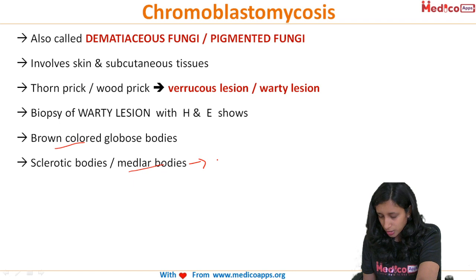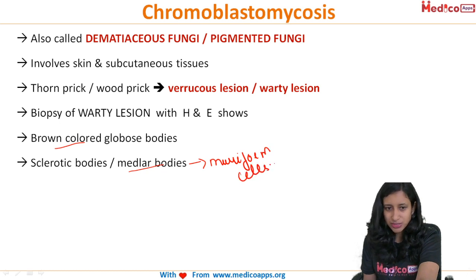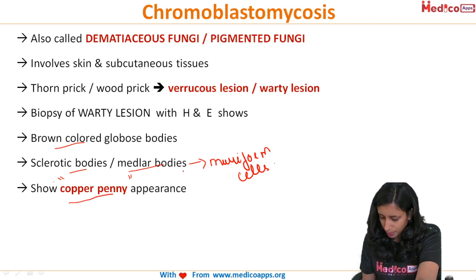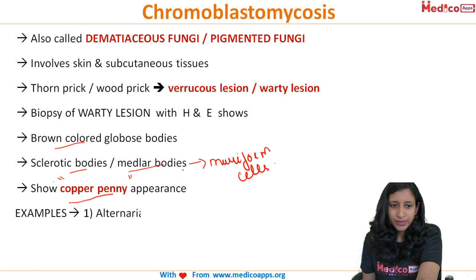Now these are also known as your muriform cells. So these are the various names that you have. It's called sclerotic bodies or medlar bodies or muriform cells. Now what is the appearance that you see? It is what is known as your copper penny appearance. This is what you have to remember. So copper penny appearance is what you see.